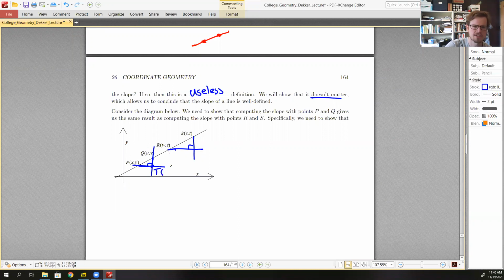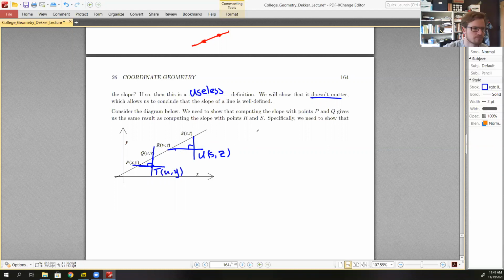So let's call this one T, where they intersect, and its coordinates are the x coordinate is given by u, and the y coordinate is given by y. And then here, let's call this point of intersection U, and the x value here is s, and the y value here is z.